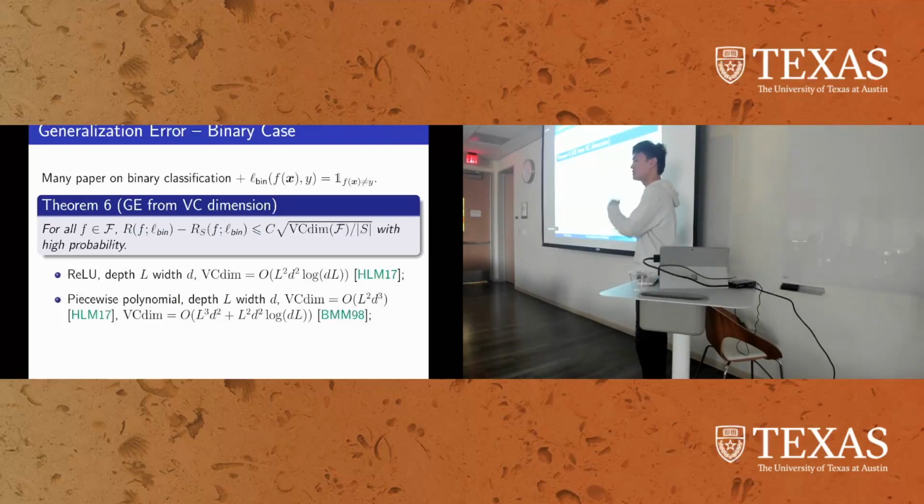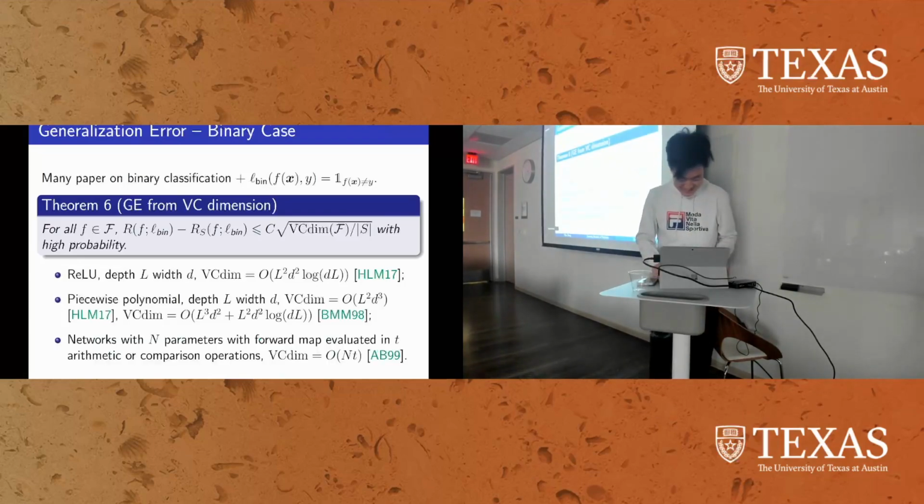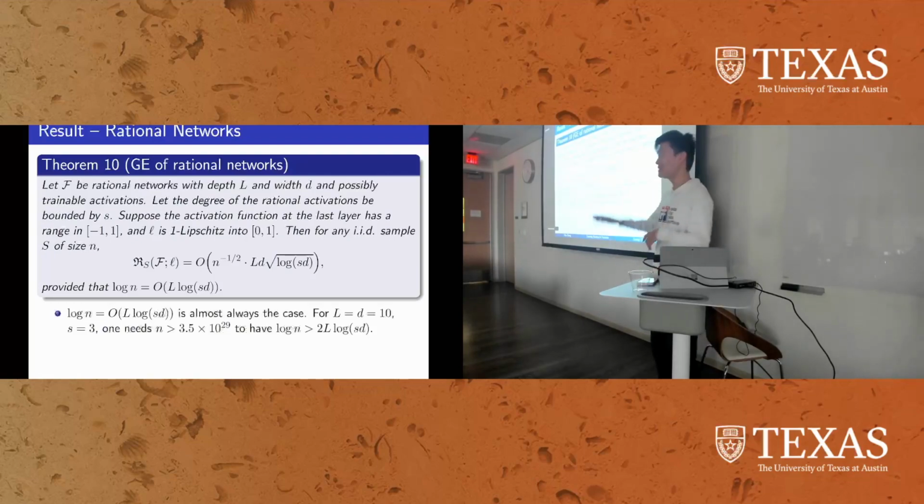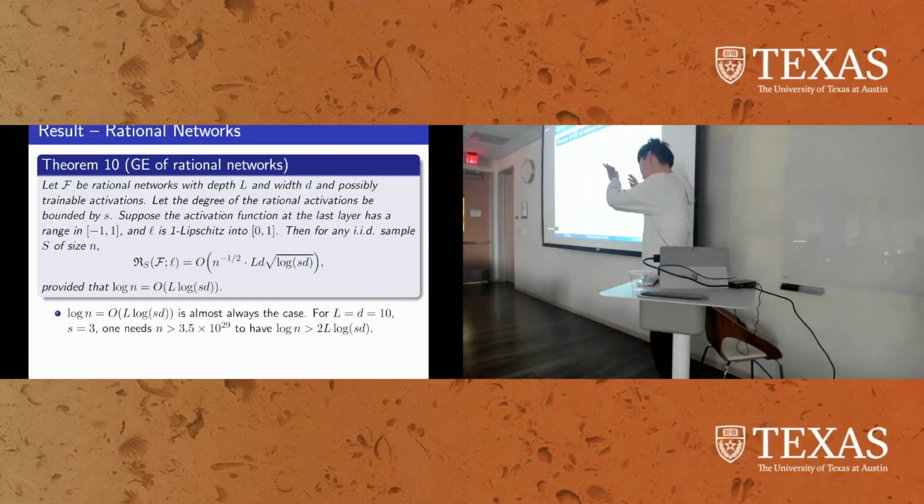I'm not sure if I cited this paper here, but if you look at the paper, there are sufficient citations that point you to the result. And you can do it in both directions: from ReLU to rational and from rational to ReLU. But I think the conclusion is if you go from ReLU to rational, the size is smaller, and if you go from rational to ReLU, the size is larger. So in that sense, ReLU is more powerful in approximating things.